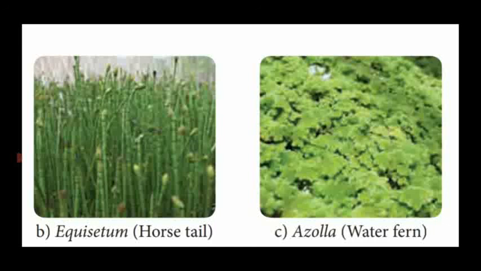Next one, Azolla. Azolla is a free-floating, aquatic water fern. Dear students, the common name for pteridophytic plants is the fern family. So one of the ferns living in the water is known as water fern, named Azolla.